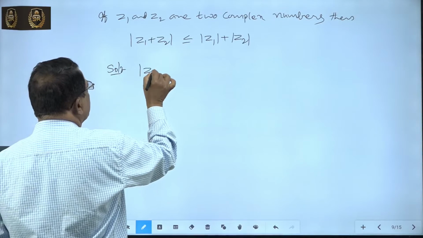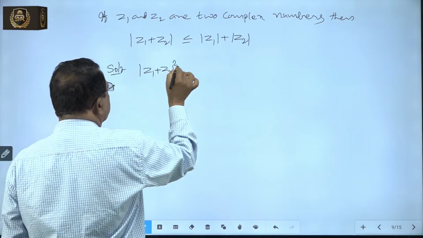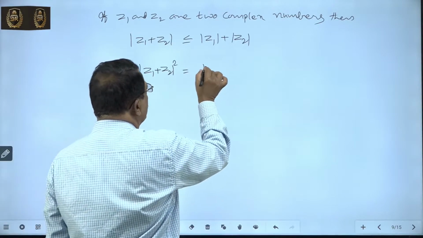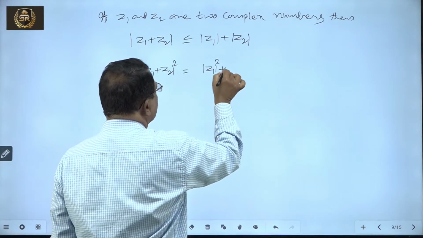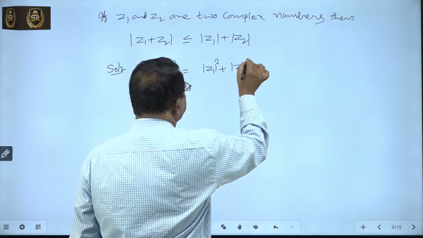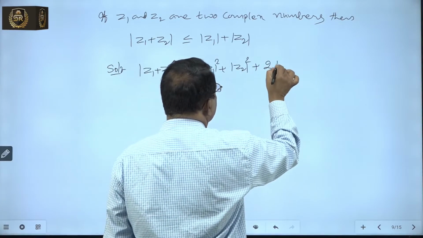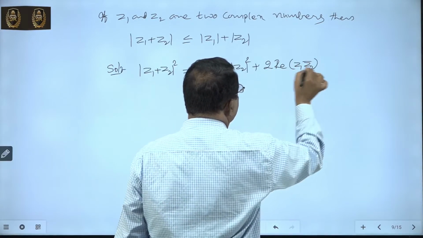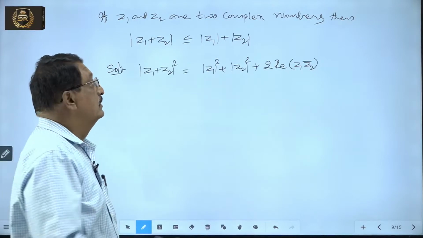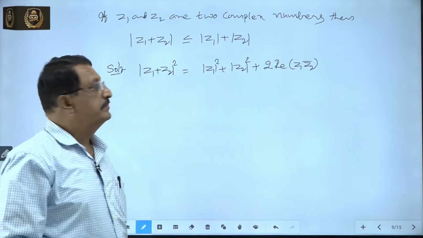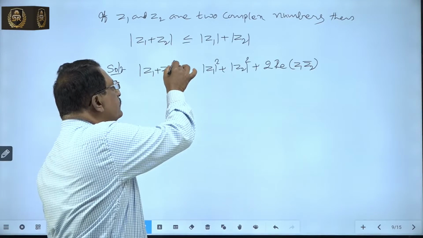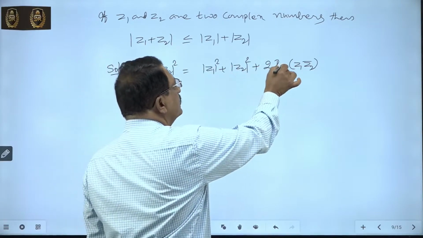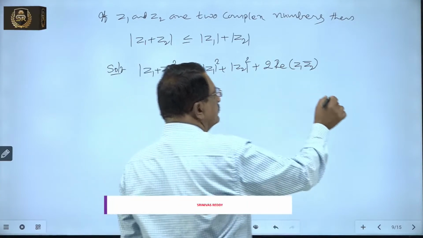Mod of z1 plus z2 whole square equals, as you know, mod z1 square plus mod z2 square plus 2 into real part of z1 z2 bar.